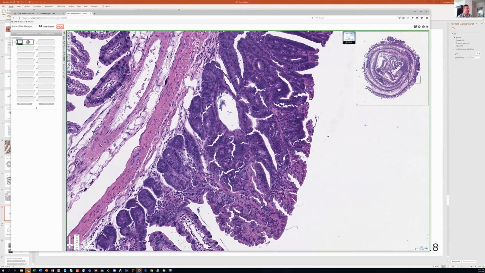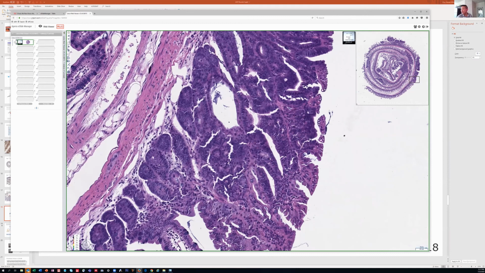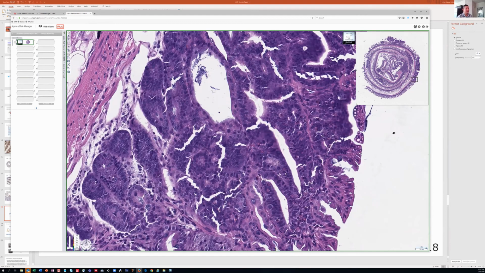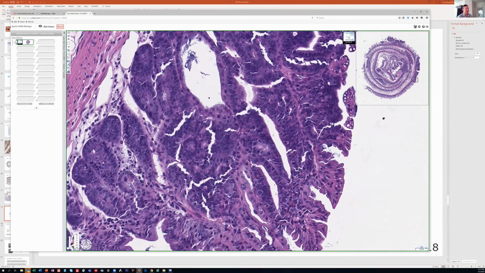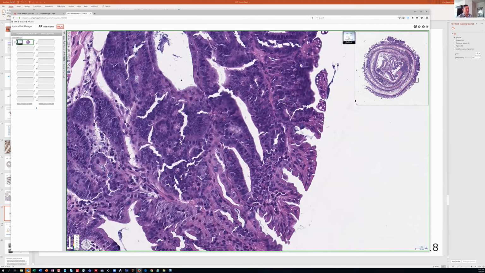Certainly this is in the center, but I hadn't really paid much attention to this hyperplastic-appearing epithelial covering, and whether or not that was neoplastic as well.